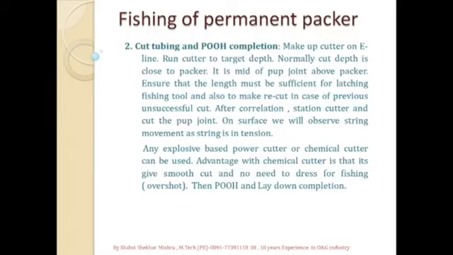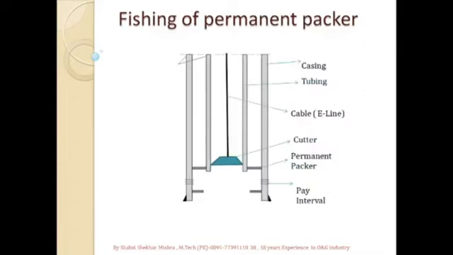We'll see the cut joint, and based on that we can estimate the type of cut face left over the packer. Here it's showing a cutter which is going to cut above the packer.